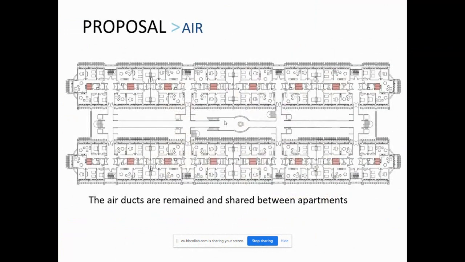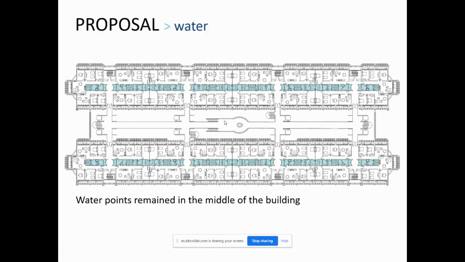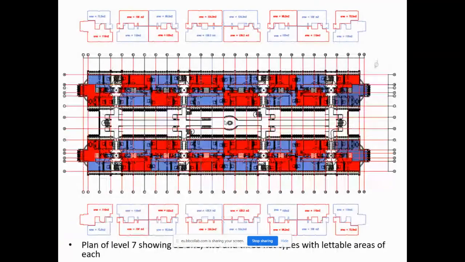So I've now been asked to change it into housing. And because I had put the air ducts and the services down the middle, all the wet services, we are able, we haven't done it yet, we are able to convert it into housing.